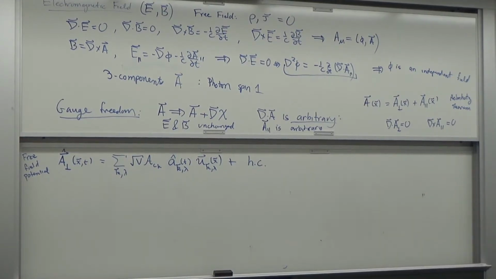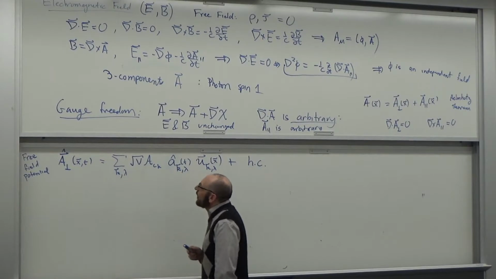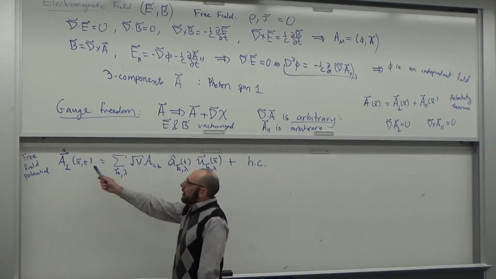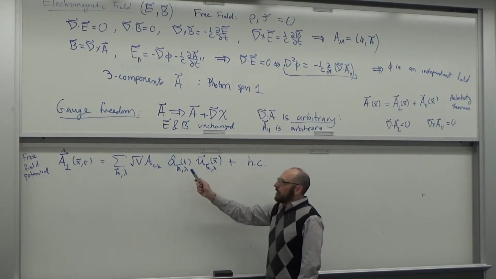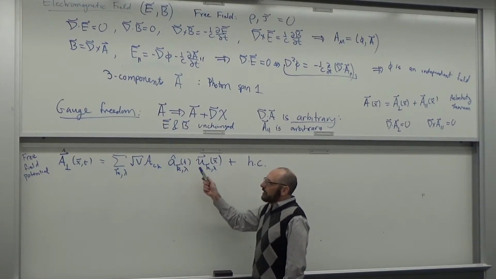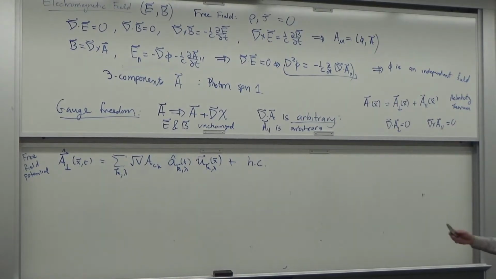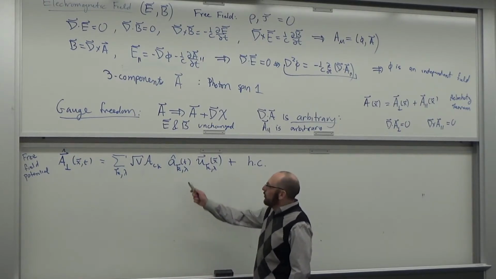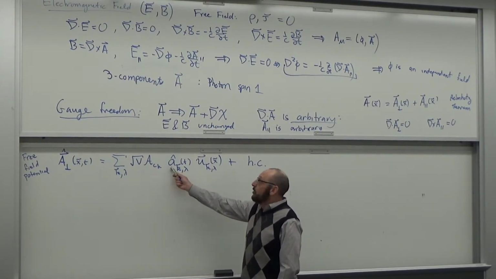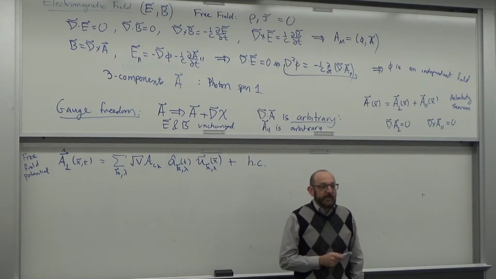So let me explain what I've written down here. I've decomposed, as we did for the phonon field, my field in terms of normal modes. The normal mode expansion coefficients, what was the probability amplitude, now becomes a, the annihilation operator, which in this case annihilates a photon in the plane wave mode k with polarization lambda.